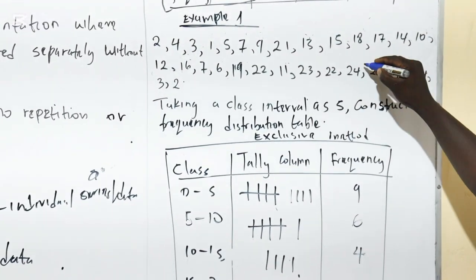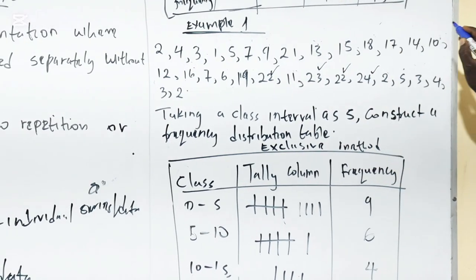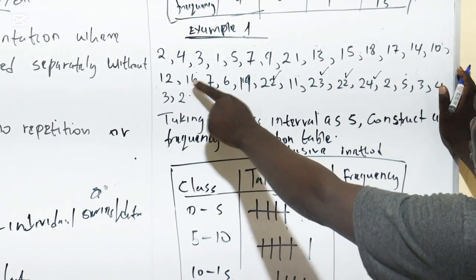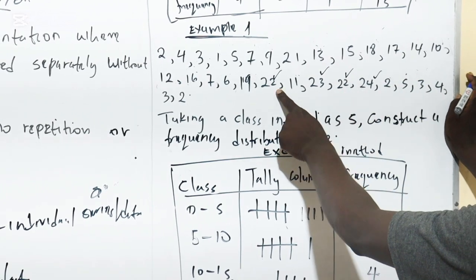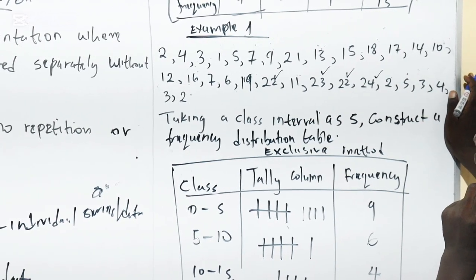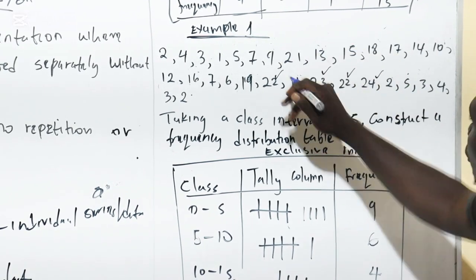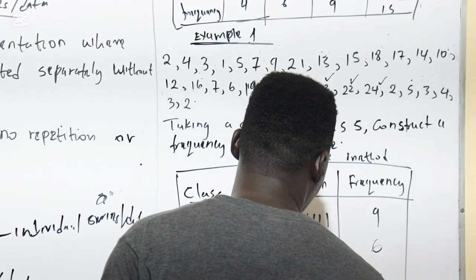Now we'll have 24, 22, 23, 22. There's no 20, so that will be 1, 2, 3, 4. So here will be 4. Here 1, 2, 3, 4.